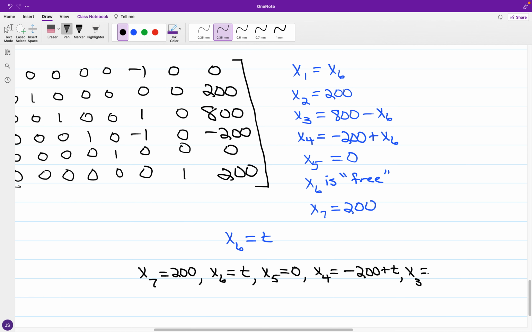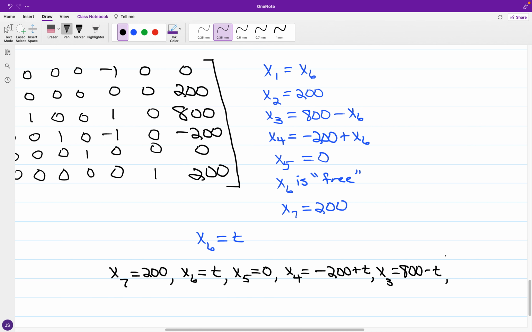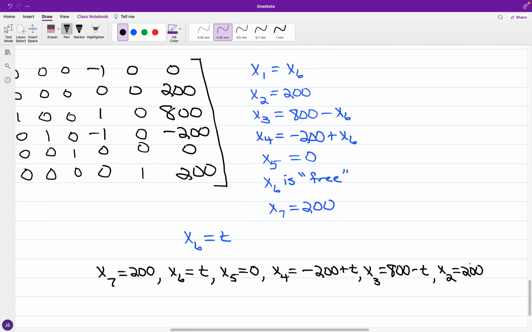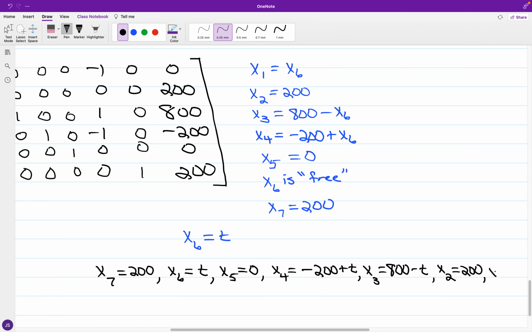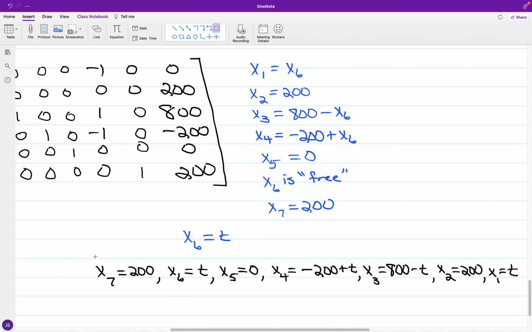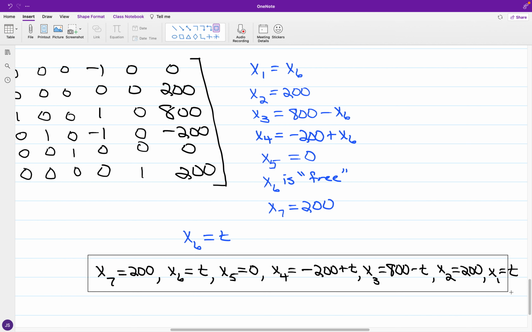And x of 3, you have 800 minus x of 6, so x of 3 is equal to 800 minus t. And x of 2 is equal to 200, and x of 1 is equal to x of 6, so x of 1 is equal to t. So that would be the set of results here. There was only one free variable, and so we needed only the letter t.